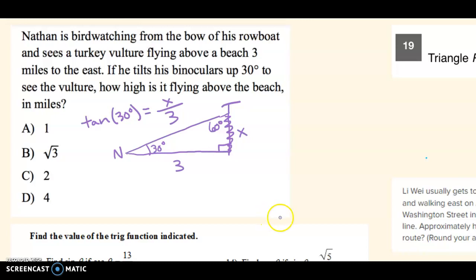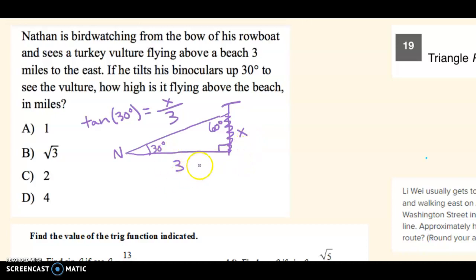But I want us to recognize that this is a 30, 60, 90 triangle. And what do we know about 30, 60, 90 degree triangles? The proportions of their sides always stay the same. If the side opposite my 30-degree angle is x, the side opposite my 60-degree angle is going to be root 3 times that side length, root 3 times x.